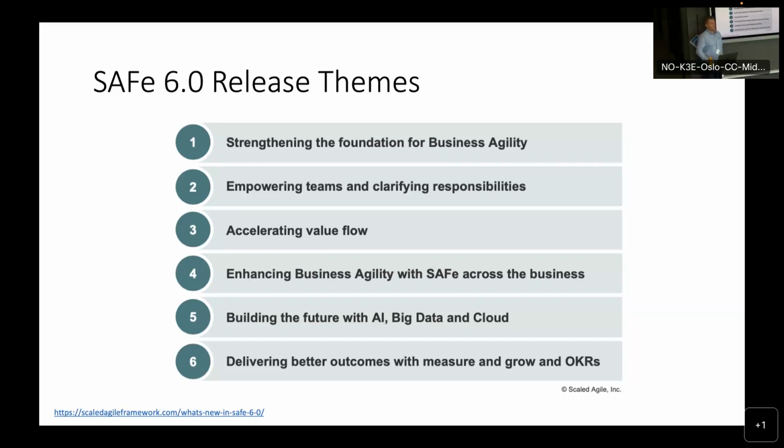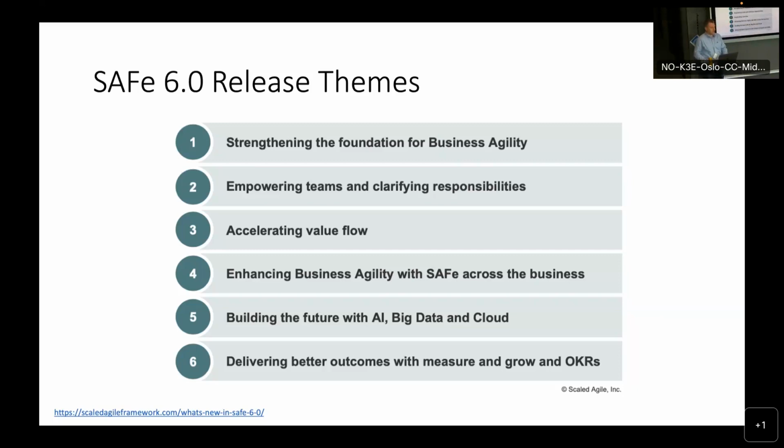Accelerating value flow, so they call it a flow-based framework or system now. Enhancing the business agility across the business. We'll see that they're focusing more on other parts than IT now as well, bringing it more together. They've brought in the hype words, but digitalization or digital transformation has a lot to do with getting control of your data, using new technology which enables you to work in faster ways, and AI, of course, how you start automating when you get control over your data.